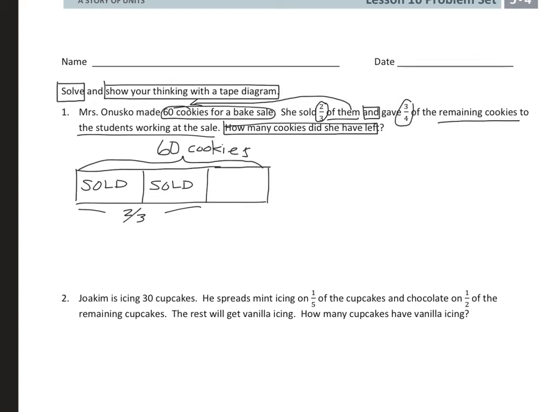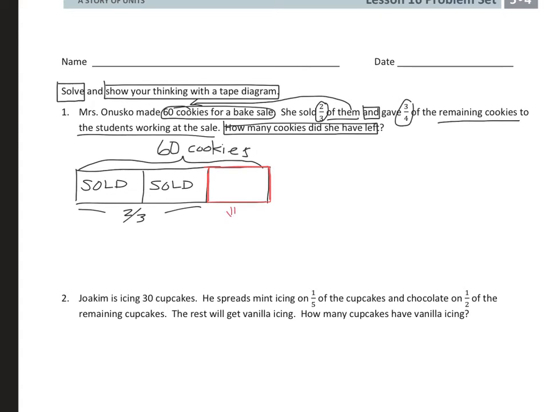So the next clue is, go back, and gave 3/4 of the remaining cookies to the students working the sale. So this is technically what's remaining. I'm going to darken this a little bit to show you this little piece is remaining.